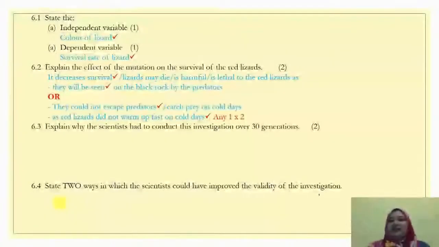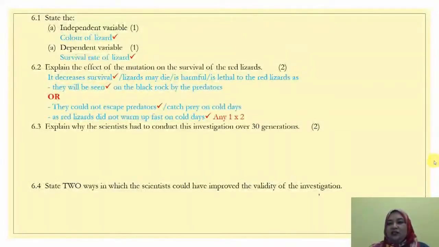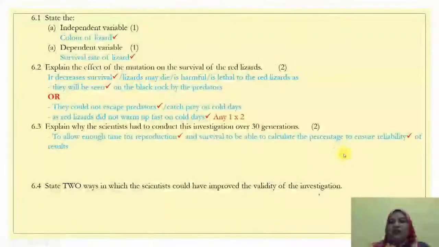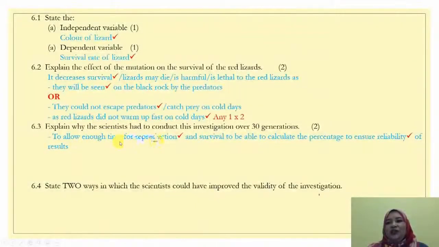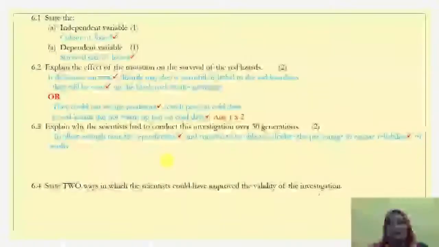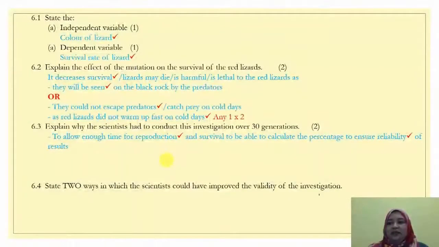Okay. So let's see what our answers would have been. Explain why the scientists had to conduct this investigation over 30 generations: to allow enough time for reproduction and survival to be able to calculate the percentage, to ensure reliability. So you get 1 mark at least for the word reliability, and also to allow time. So why do I need time? Because lizards must find a mate, they need to procreate, and they need to be pregnant and produce offspring.